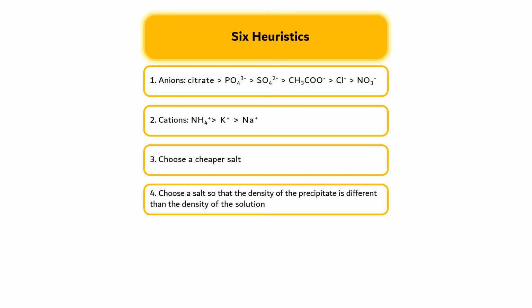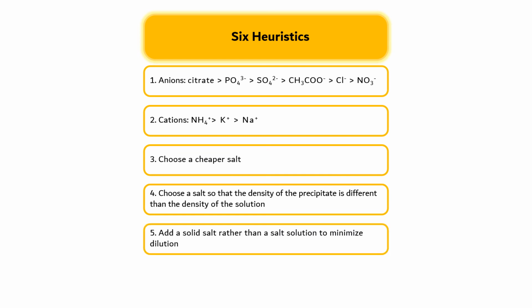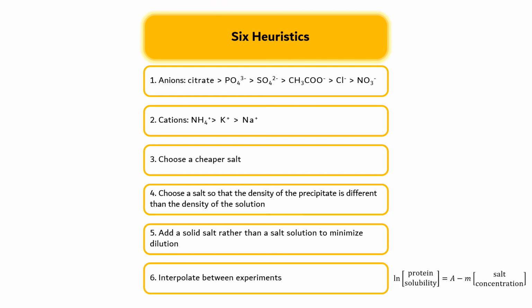Fourth, choose a salt so that the density of the precipitate is different from the density of the solution. Doing so is necessary for separation by centrifugation. Fifth, add a solid rather than a salt solution to minimize dilution. And sixth, interpolate between experiments using the given equation.